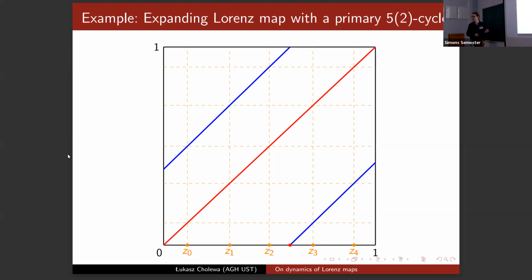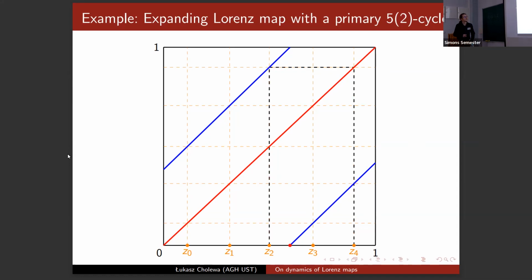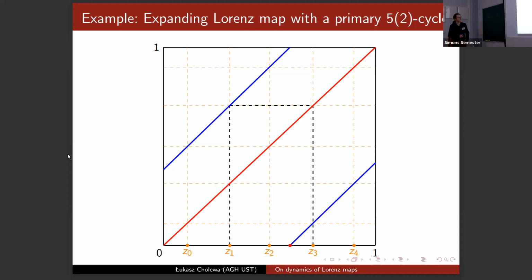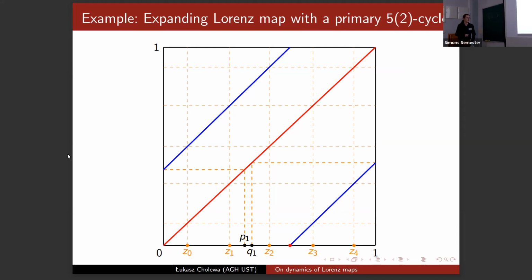Then to Z4, and then it must jump again. Z4 goes to Z1. Z1 goes to Z3, and again jumps back. It's actually a rotation. And the images of 0 and 1 are between Z1 and Z2.